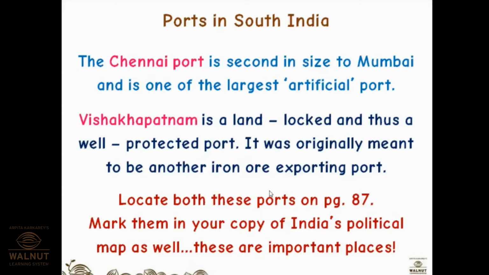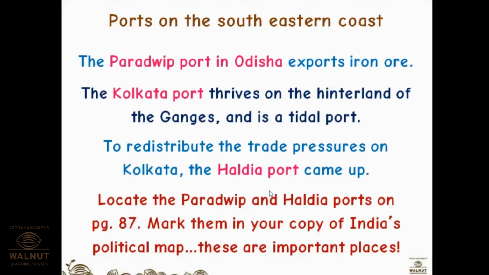Vishakhapatnam is a landlocked and thus well protected port. It was originally meant to be another iron ore exporting port. The Paradip port in Odisha exports iron ore. So on the west side, there are ports exporting iron ore, and on the east side too; you need to differentiate, understand, and memorize them.